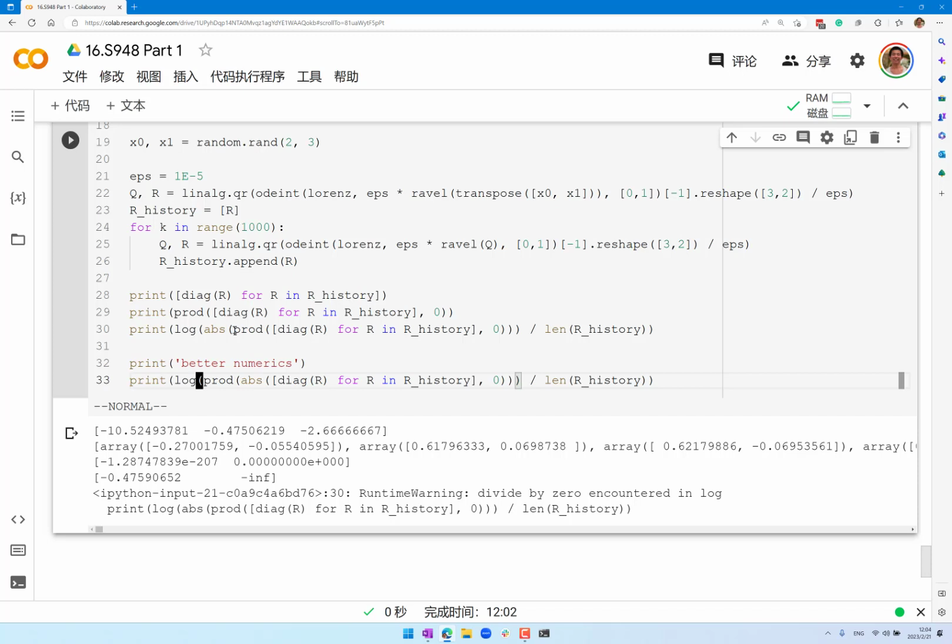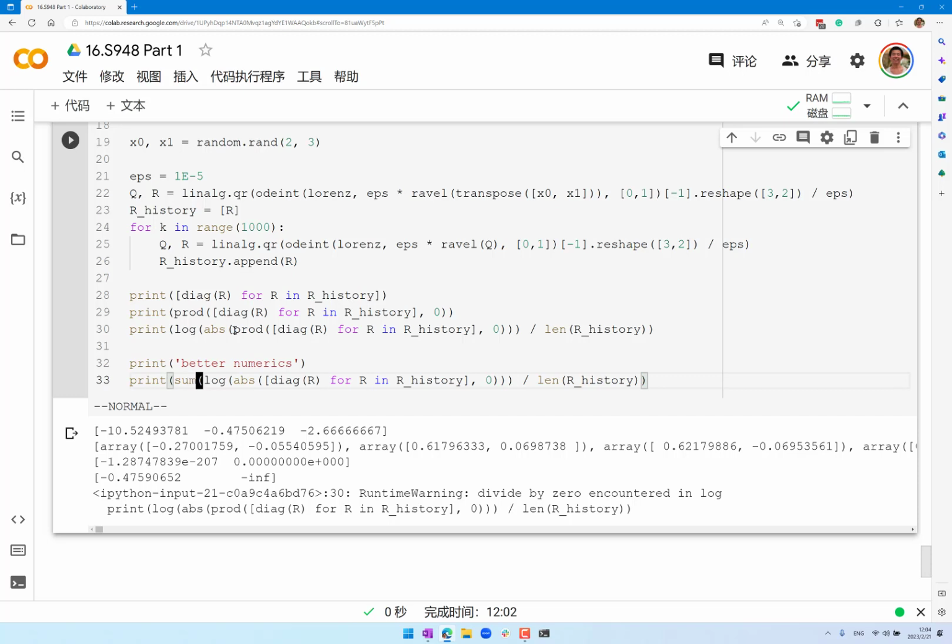So the product goes out of the log and becomes a sum. Still exactly the same thing.